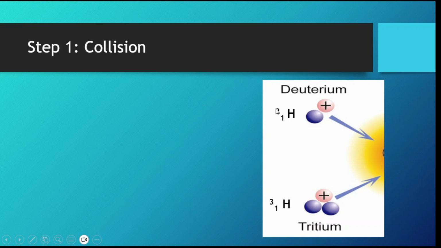So H with a mass of 2 and a proton count, or atomic number, of 1. And it collides with tritium. There is 1 proton in tritium for the atomic number and 2 neutrons because there's a mass of 3. So this is the main part of what should be in your box for your image.